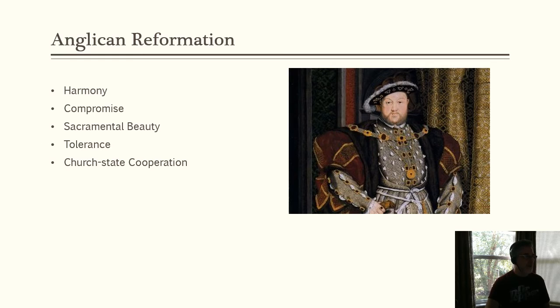The next item on the Anglican Reformation distinctives is this idea of tolerance. They really were tired of the constant bloodletting and fighting that was going on amongst different areas, and so they carved out a wide allowance for different views. Anglicans can be very judgment-free environments.